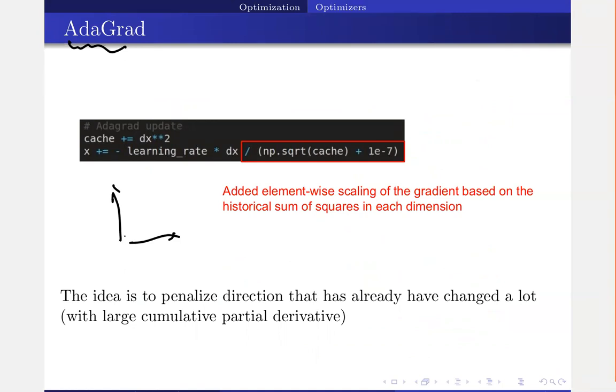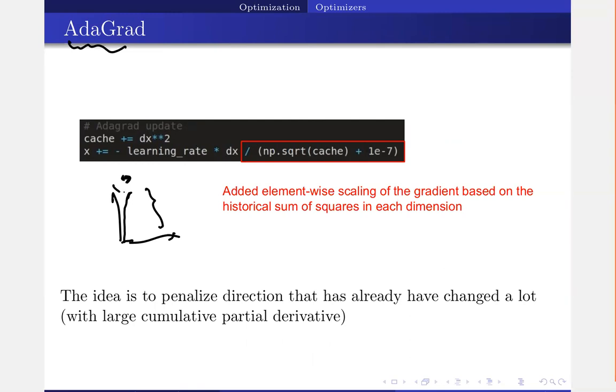For example, you move a lot in one dimension, but you didn't move much in the other dimension, so you don't have much accumulated movement in the other direction. Since you move so much along this direction, you are already quite close to the optimum for this direction. Therefore, maybe I don't want this direction to move that much.